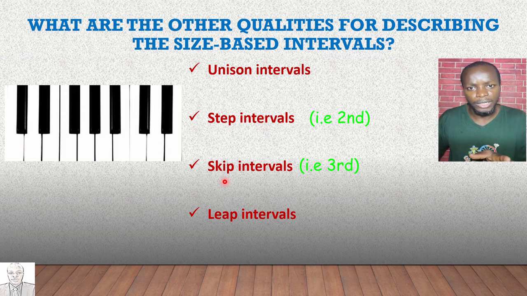For instance, when you hear a sound like do, mi, we're actually skipping re. That's if it's harmonic interval, right? Or re, fa, you're skipping out mi.